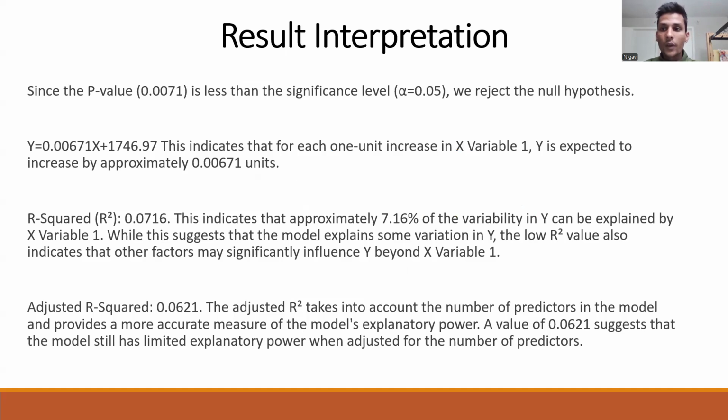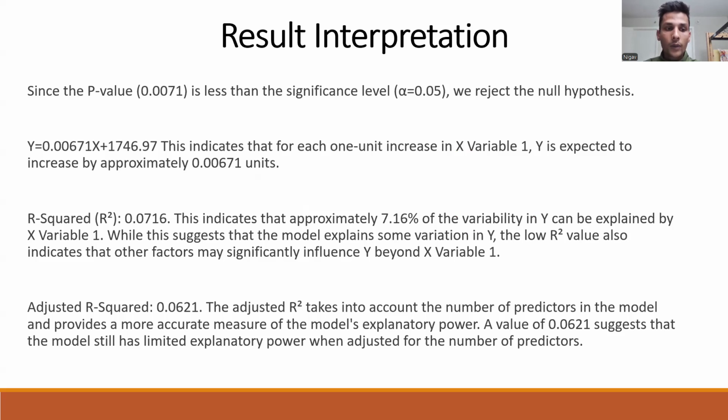After the statistical calculation, it's time for the result interpretation. Since the p-value 0.071 is less than the significance level, we reject the null hypothesis. From the regression equation, for each 1 unit increase in X variable 1, y is expected to increase by approximately 0.00671 units.